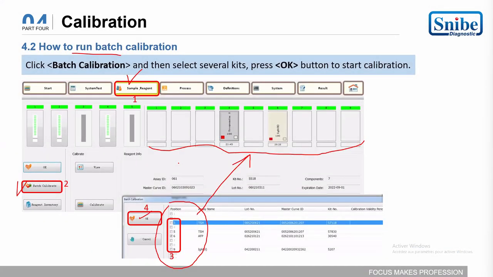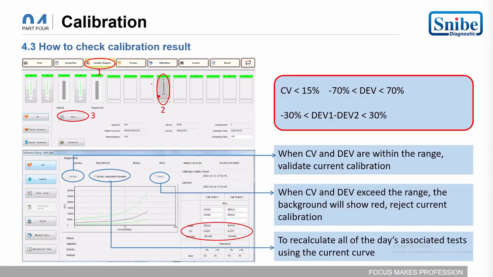After the calibration is launched, you need to check the results after the calibration is finished and validate the calibration if the results are good. In order to check the calibration, you can enter the sample and reagent interface, select the parameter you want to check and click view, and this window will appear.